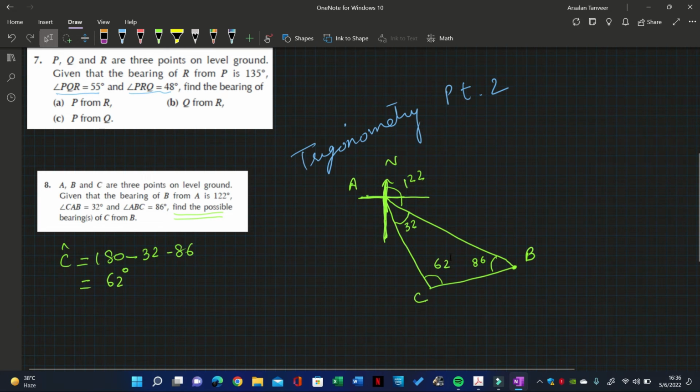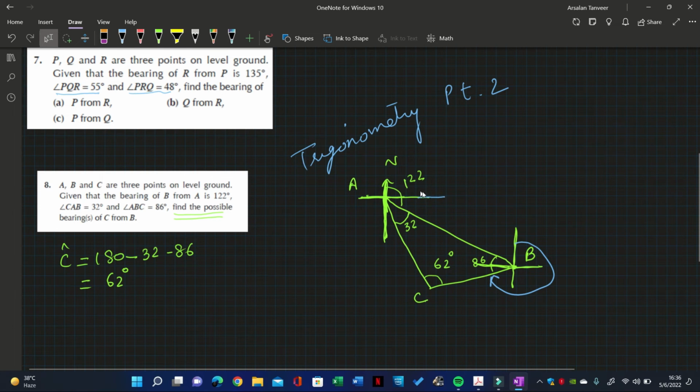Now check the parts. We need to find the bearing of C from B. So bearing of C from B means we need to make the bearing axis here, and the bearing angle will be this one, right? So how can I find it?